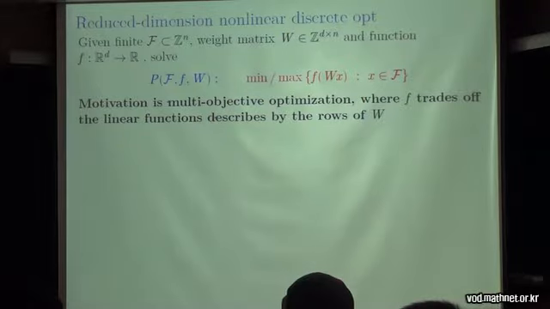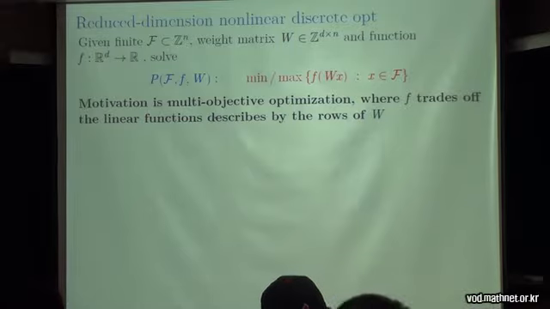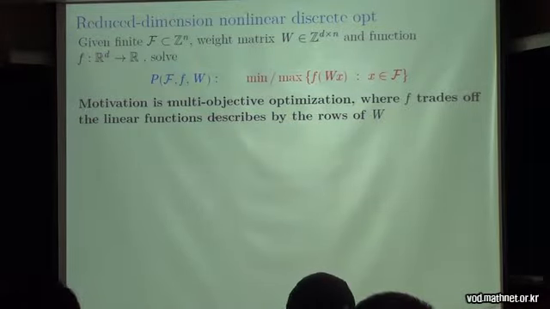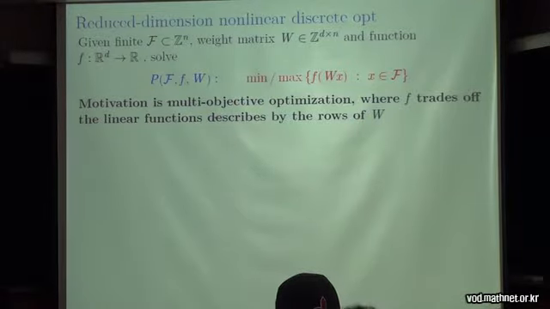And you can think of this as a kind of paradigm for multi-objective optimization, where each row of W is defining a linear function, and f is somehow balancing those linear functions. So think of maybe f could be like the 2 norm, and maybe I have 3 linear functions that are described by the rows of W, and I'm trying to minimize the 2 norm of these 3 different objective functions.